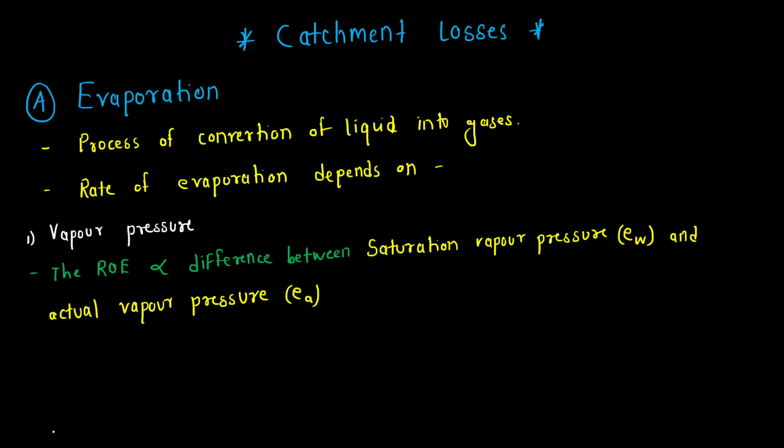If you write it down, the rate of evaporation EL is proportional to the saturation vapor pressure minus the actual vapor pressure. If we remove the proportionality sign, then EL is equal to some constant value into EW minus EA.